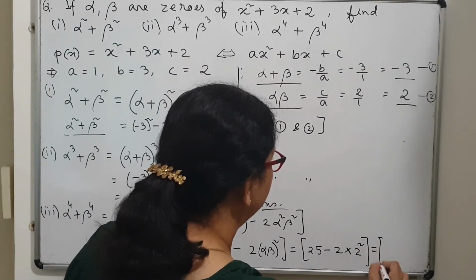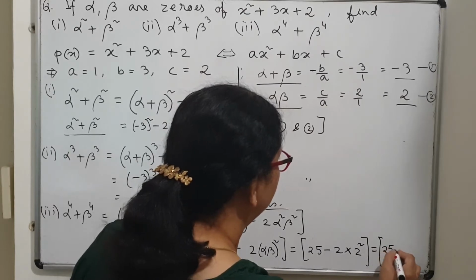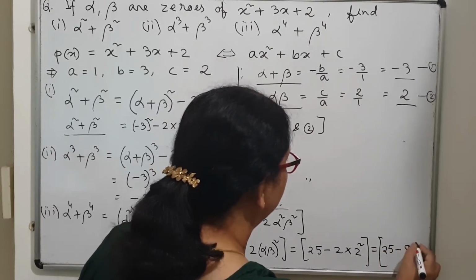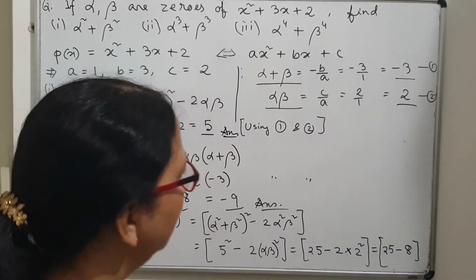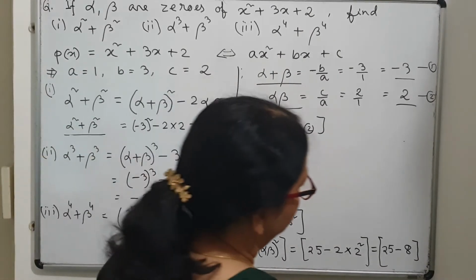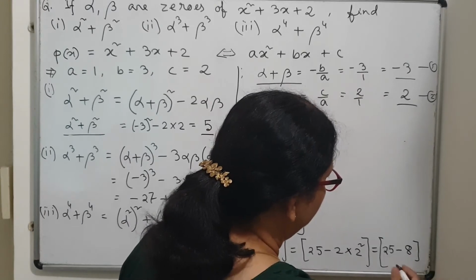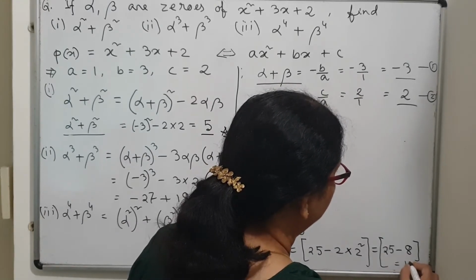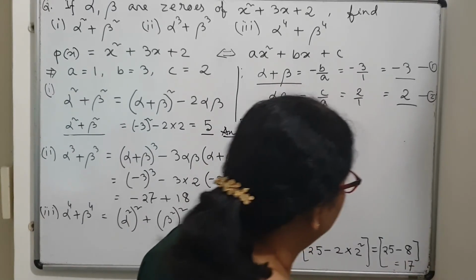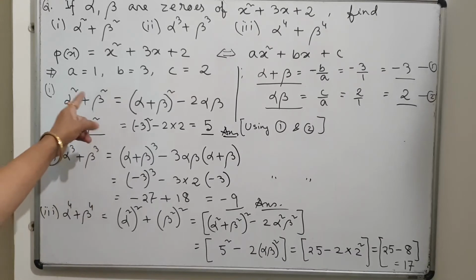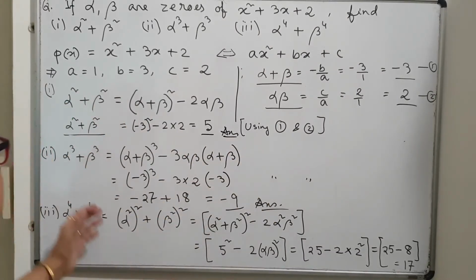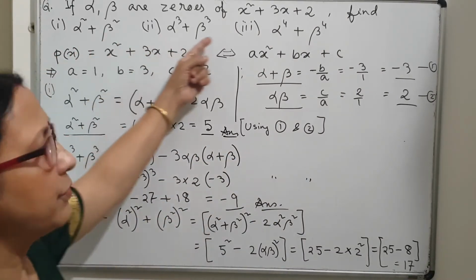So I get the answer in this way: 25 minus 8. So what is the answer? It is 17, I think. So in this way I can get the value. Using algebraic identities, I can find the values of the symmetric functions of zeros.